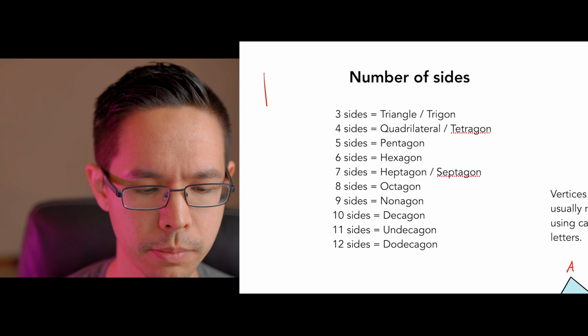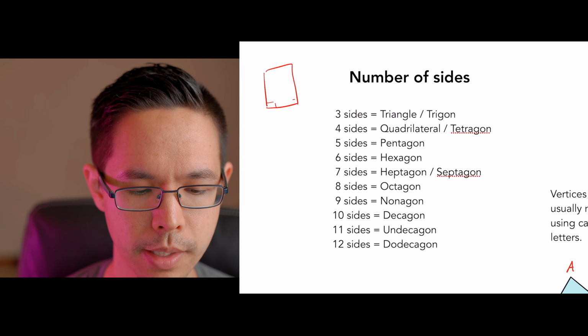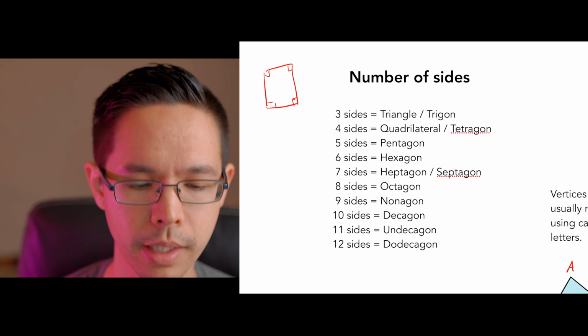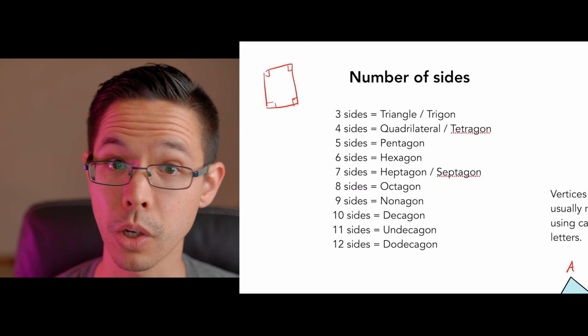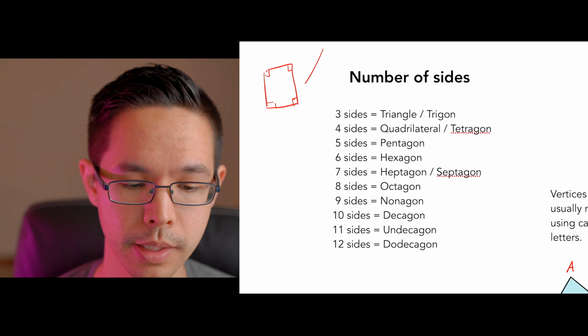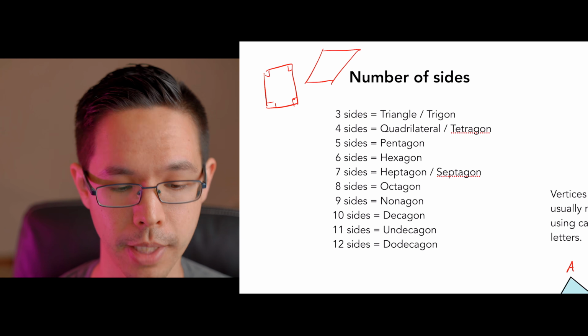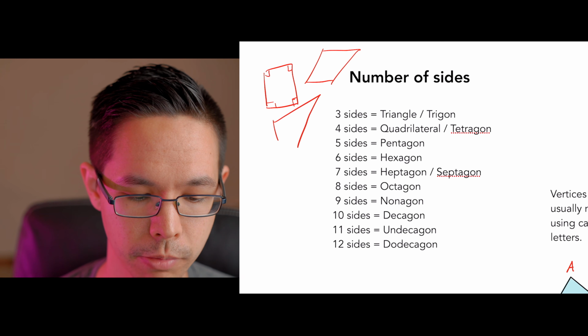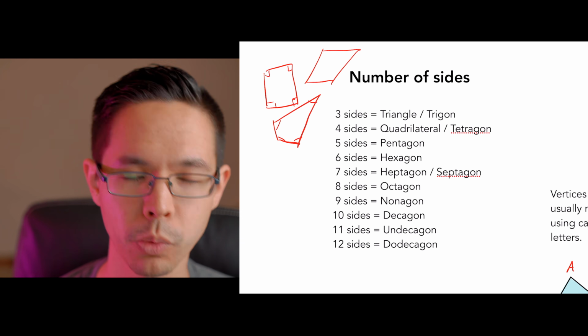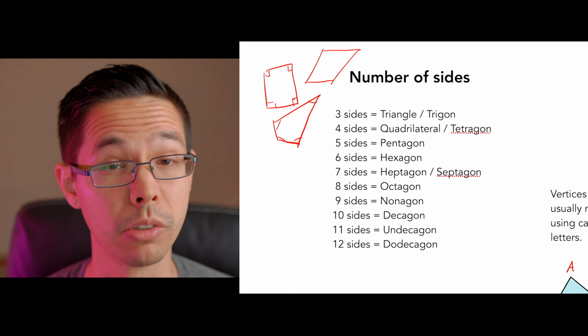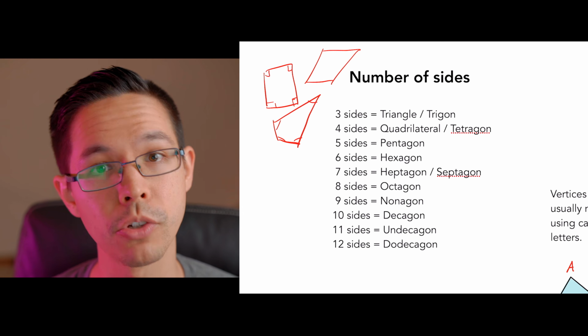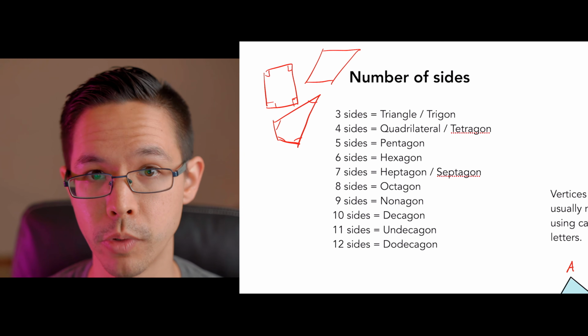Well, rectangles imply that you're dealing with a shape that has 90-degree interior angles. However, some quadrilaterals, some shapes with 4 sides, can have different angles, and they can be really, really different. So we need a broader word than the word rectangle. So we've used the word quadrilateral to mean all of the shapes with 4 sides.